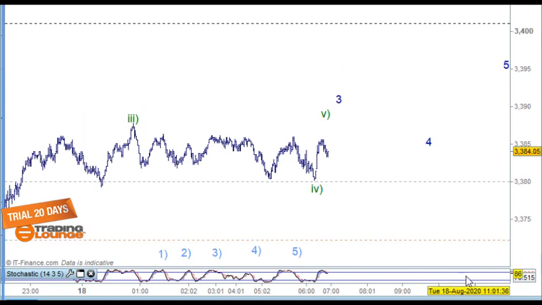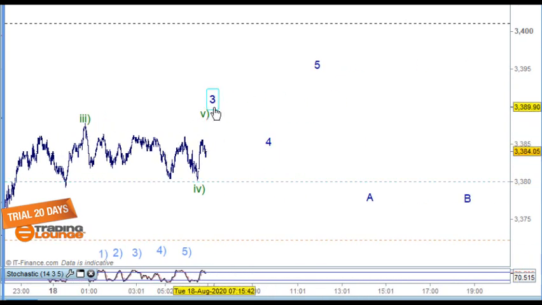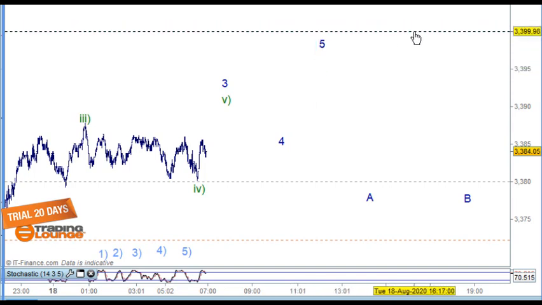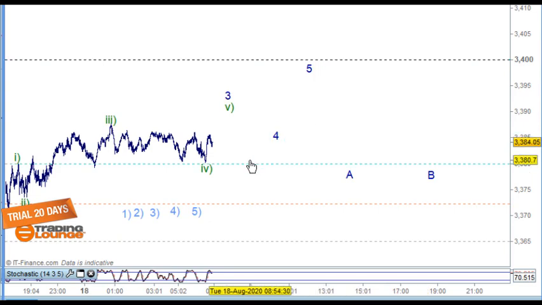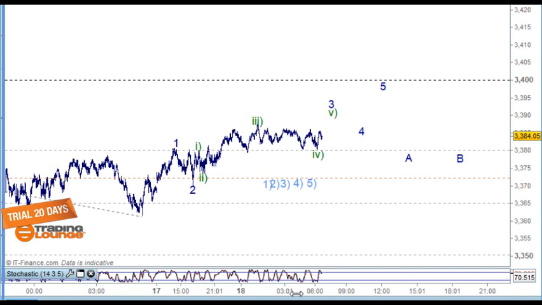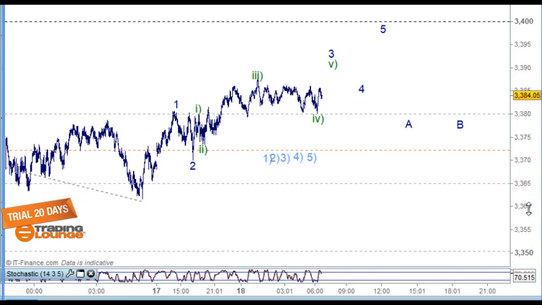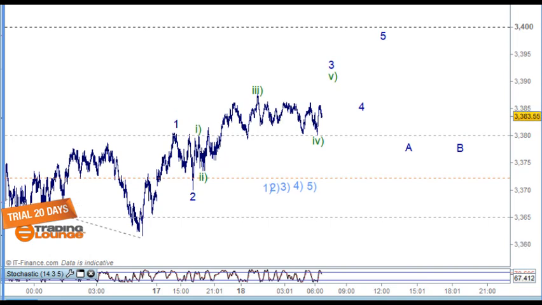So we'll be looking at a wave 3 here, then a bit more of a complicated wave 4, and then wave 5 moving up here towards the old high. So we've still got further to unfold here in Elliott terms. Yeah, so that's it in a nutshell. I'll just leave it at that.